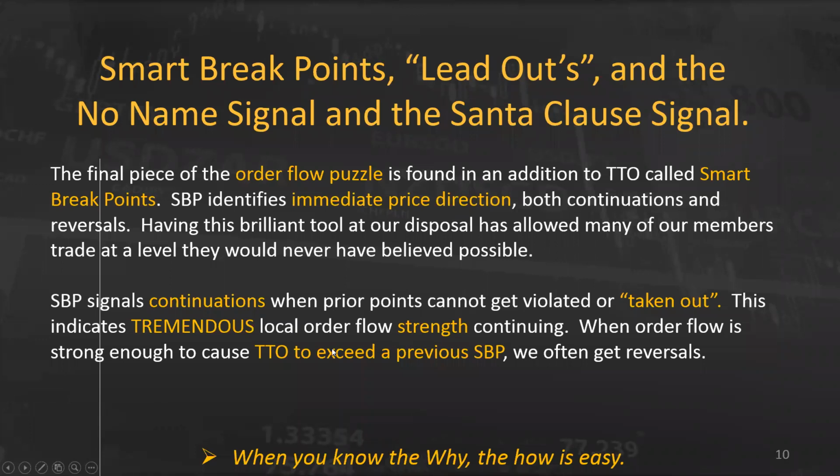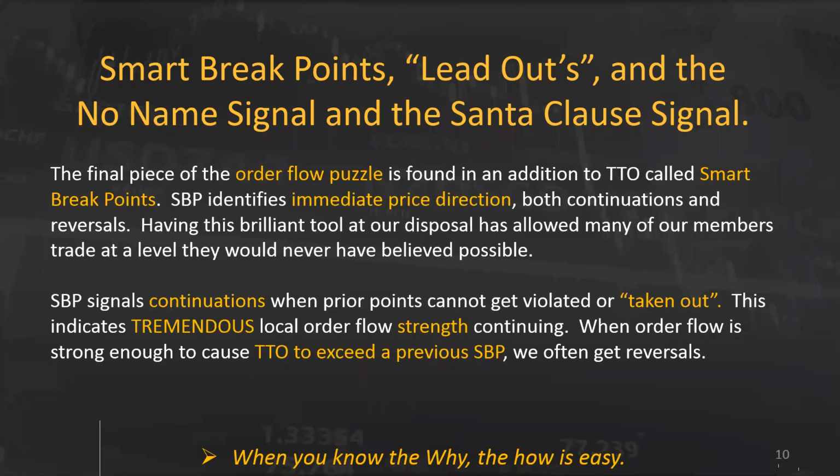And again, I'll show you on the chart. It's easier to explain. This is basically so I wouldn't forget to share that with you. When order flow is strong enough to cause a Trapped Trader Oscillator to exceed a previous smart breakpoint, we often get reversals, and we'll show you some of those today and how brilliantly it called that.